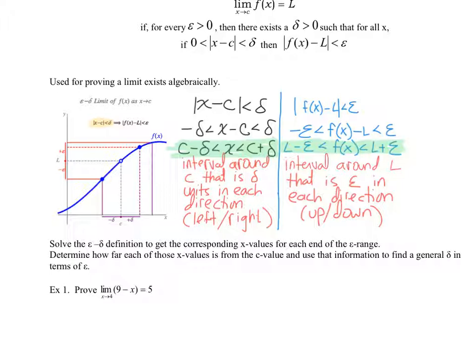We don't really care what that proportionality constant is. We don't care what that rate is. Maybe this one is closing in on C twice as fast as this is closing on L. It really doesn't matter as long as there's some relationship for which the x values converge on C corresponding to the y values converging on L, right?